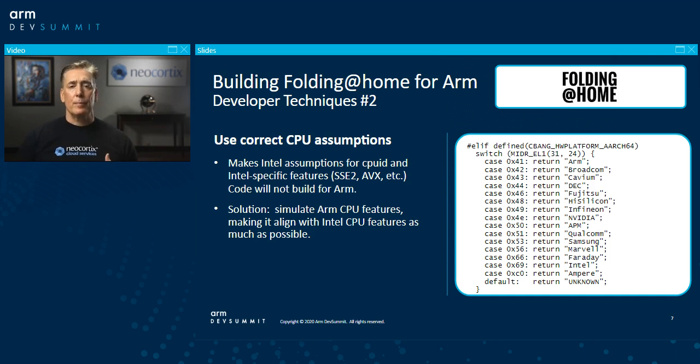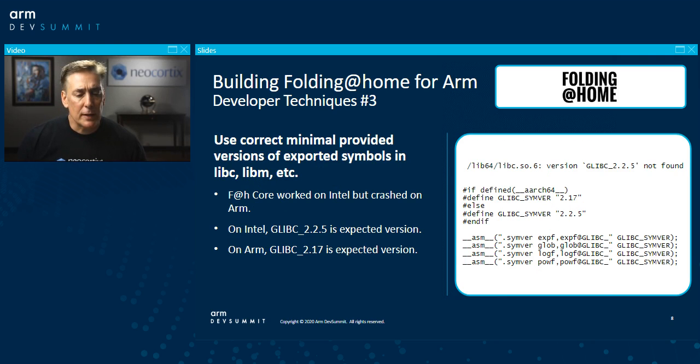This, in place in the code, and a number of other places in the code that were very similar to this, were the way of essentially faking up the expected Intel response to these CPU queries, so that it would work even when the processor was an ARM processor. Okay, so that's that technique.